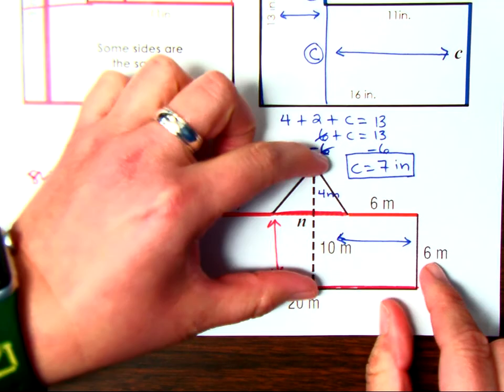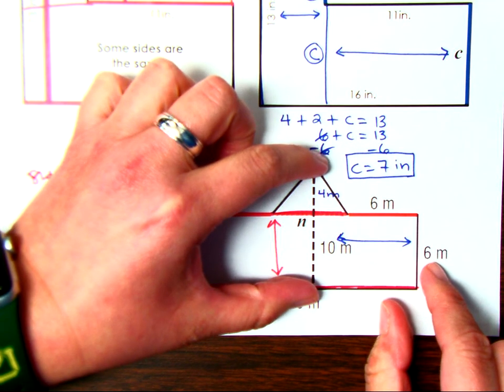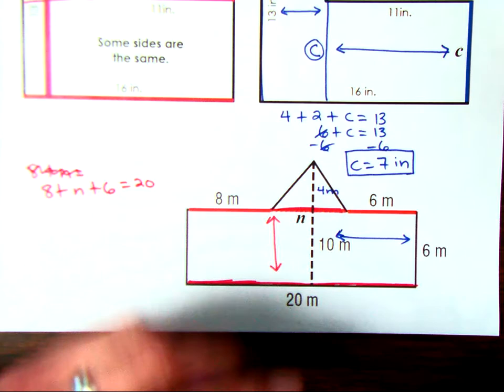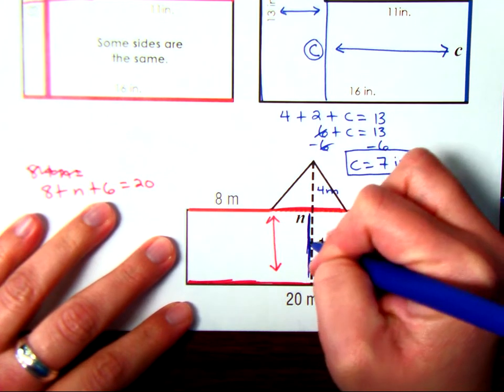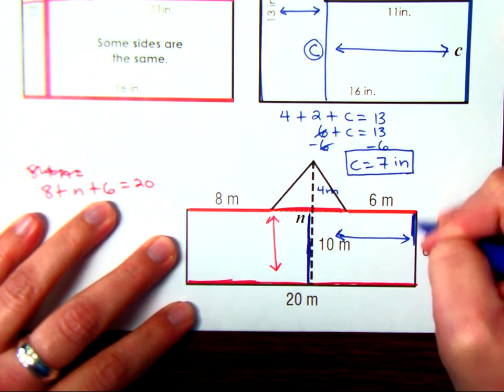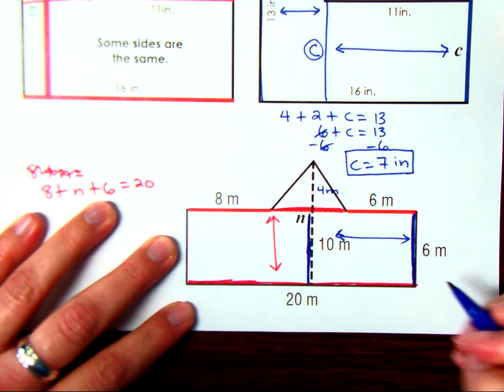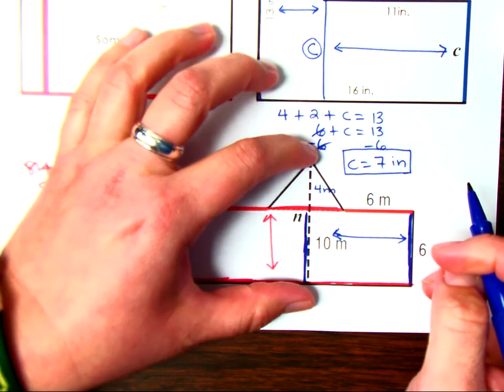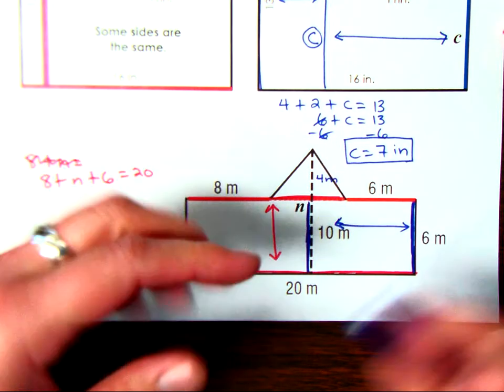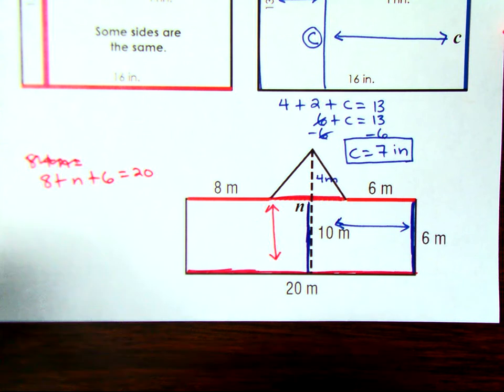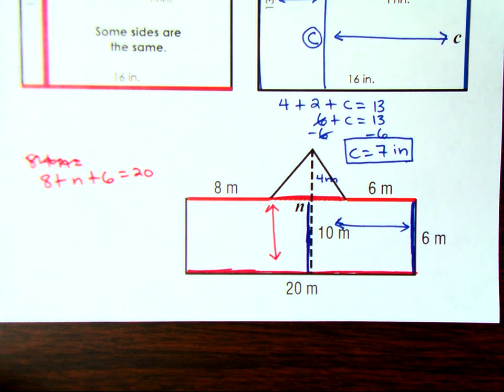But that's what that 10 represents, that total distance right here. I did a vertical, so this distance is equal to this distance. So this total dashed line was 10. 10 minus 6 is 4. So that's going to come in handy later on when we solve that area. But right now, we just wanted to figure out what n was.